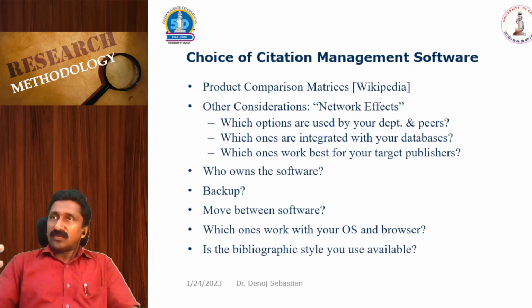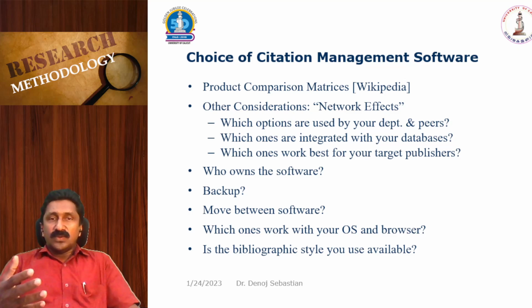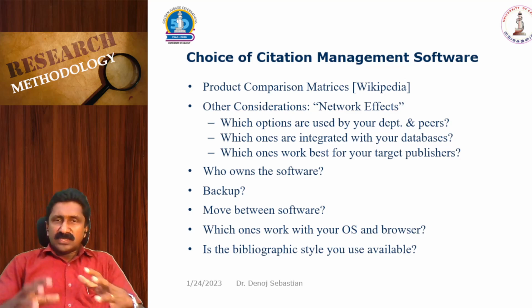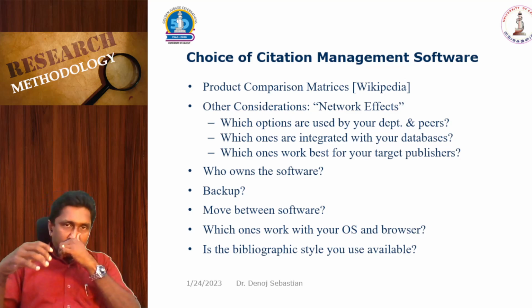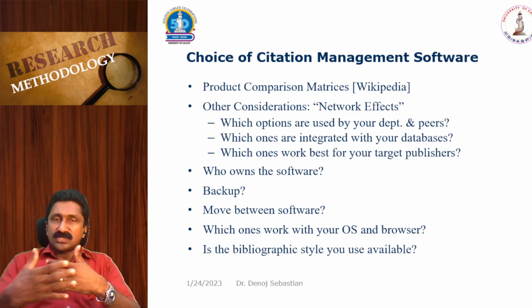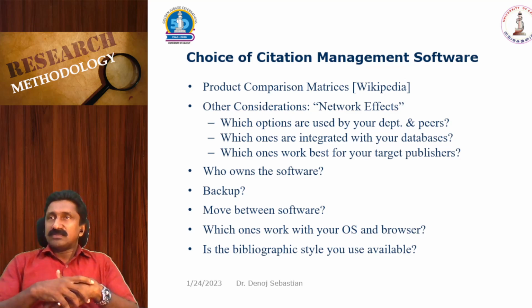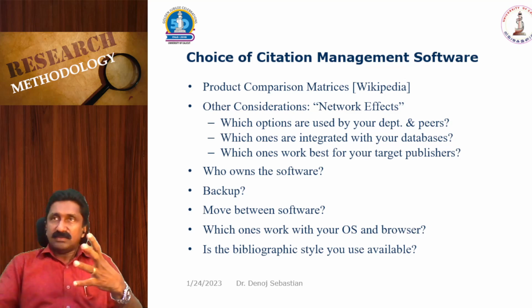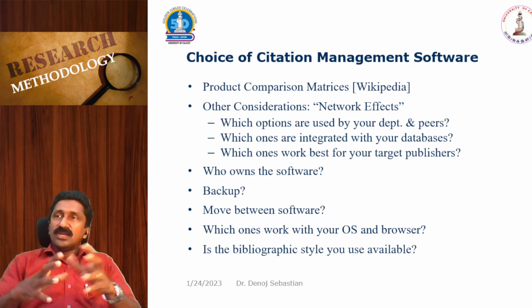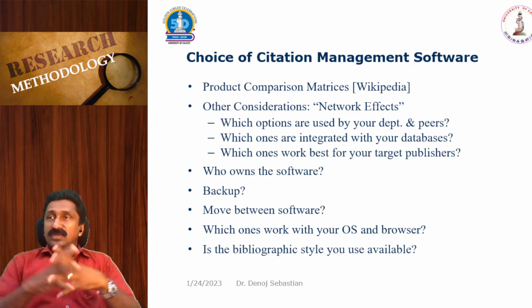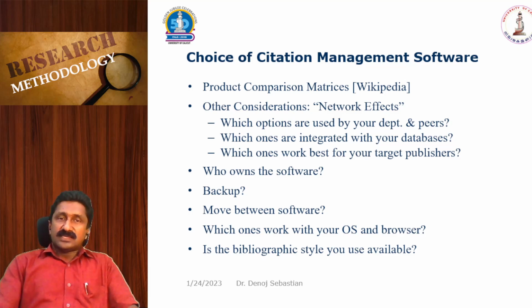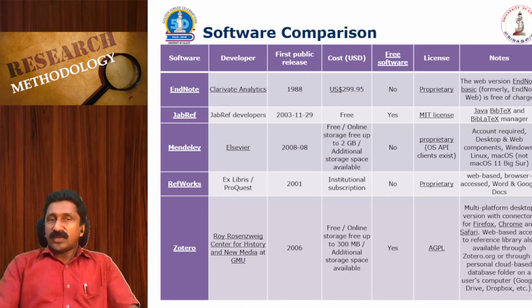So in that case, if the OS supported in the lab is Linux, preferably you will go for Zotero or Mendeley, etc. So these are various considerations: which software is used in the peer group or the research group, or what is the operating system in which most of the lab computers are working. All these things need to be considered before selecting a software. Is the bibliography style you use available from the journal site? So that's one more point, as I mentioned.